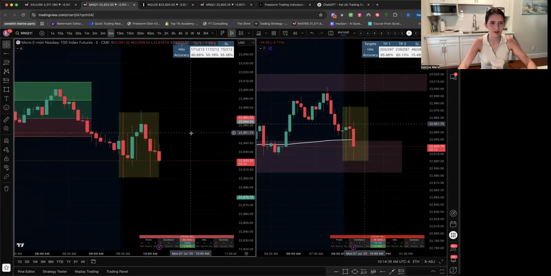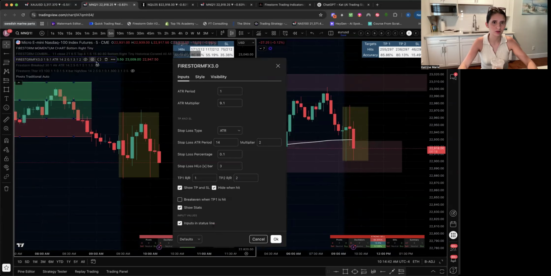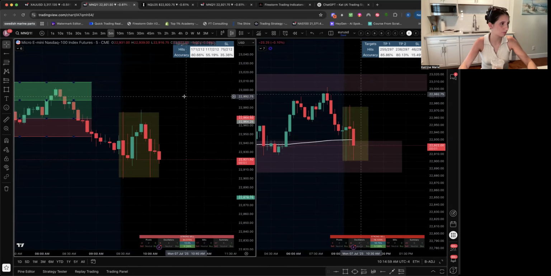Why isn't it calling it over here? Let's see my settings. 9.1. It's all the same. I don't know why the micro E-mini is not calling it. It's identical.